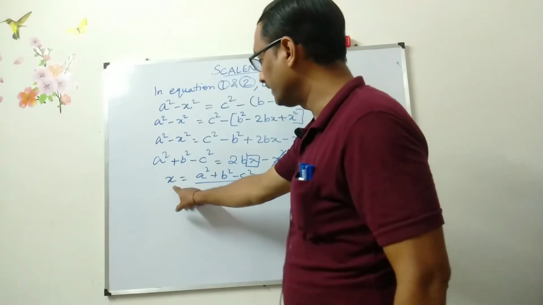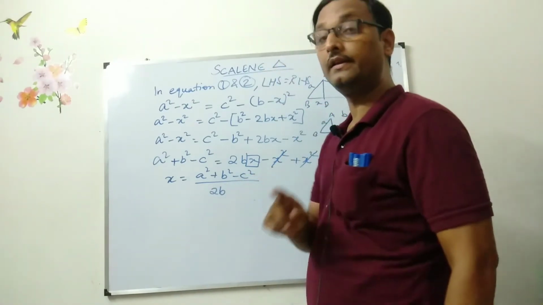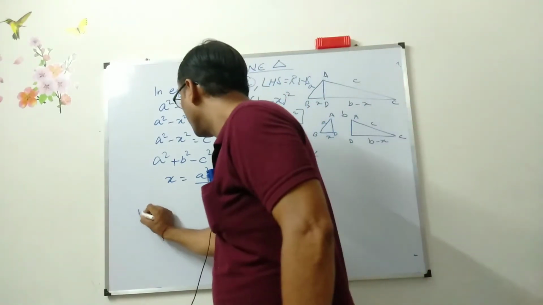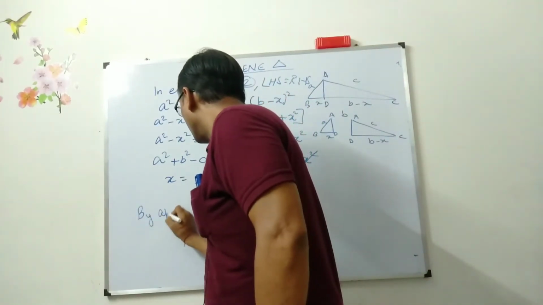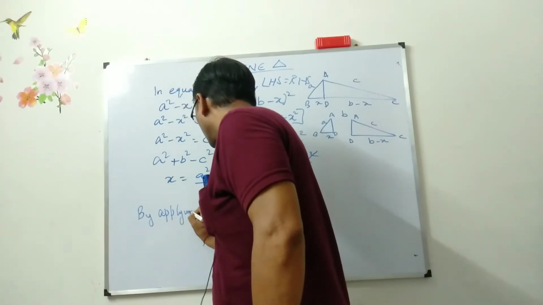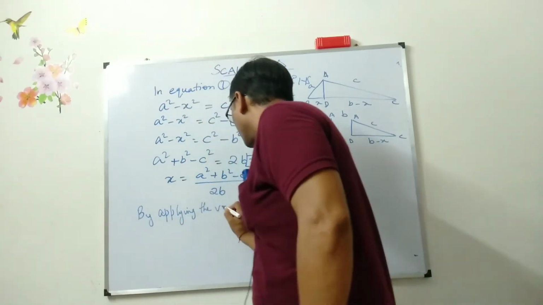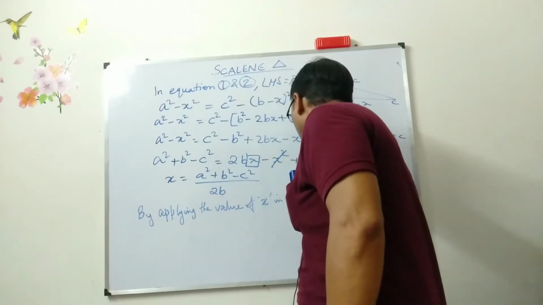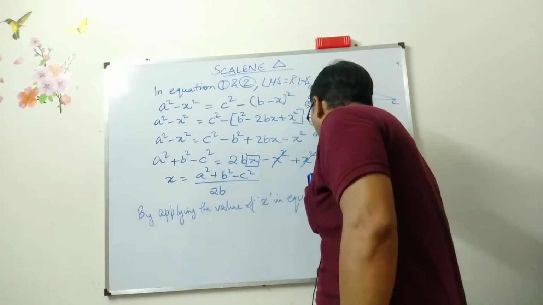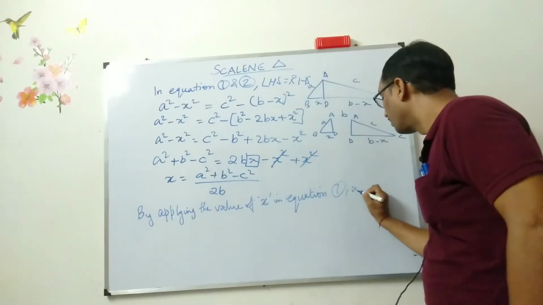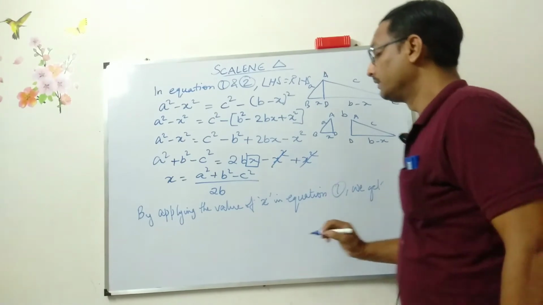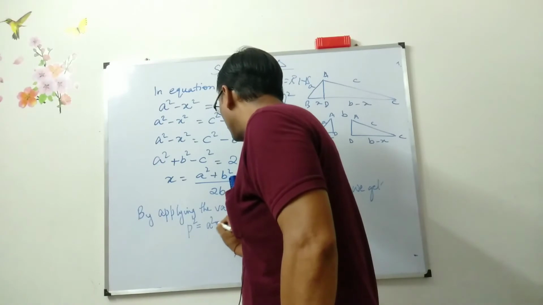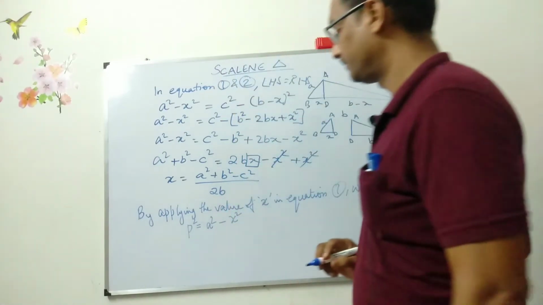This value of X we will be applying in equation number 1. What is equation number 1? This is equation number 1. B square is equal to A square minus X square.